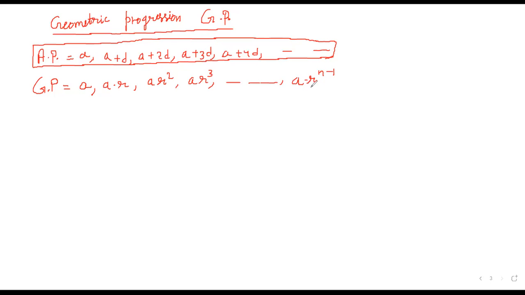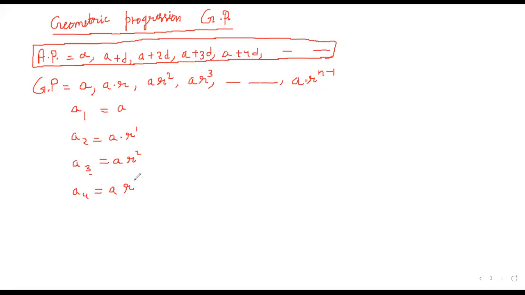How to find the nth term of this GP. Now, A1 equals A, it doesn't have R. A2 equals A into R, means R to the power 1, which is 1 less than the order of the term. A3 equals AR square, means the power of R is 1 less than the order of the term.